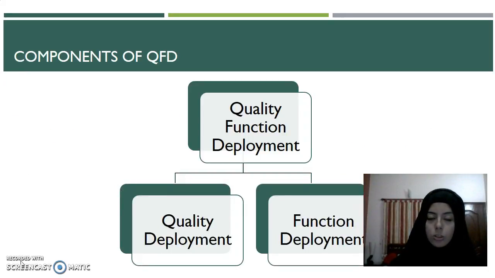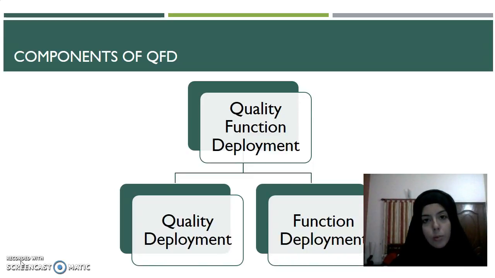Quality function deployment has two components, namely the quality deployment component and the function deployment component. What the quality deployment component does is that it hears the customer's voice and it translates the customer needs and takes it to the designing of the product. So it designs the product according to what quality or what requirement the customers have.